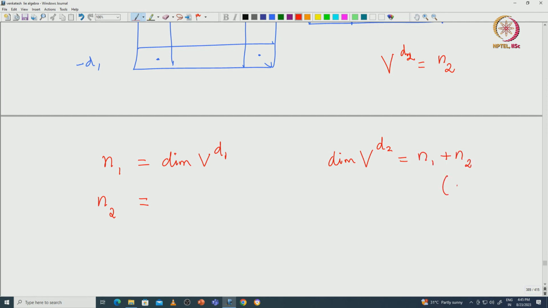This is in case D1 minus 2i is equal to D2. Then how do you recover N2? You recover it by subtracting the dimension of V_D1 from that of V_D2.